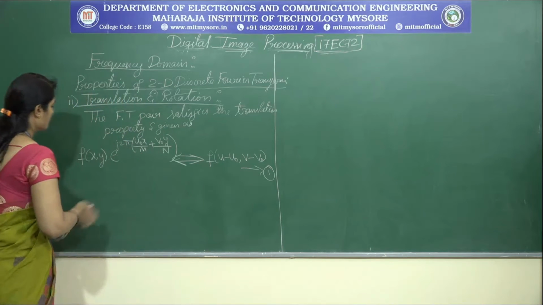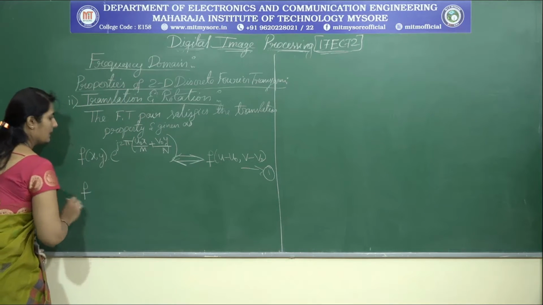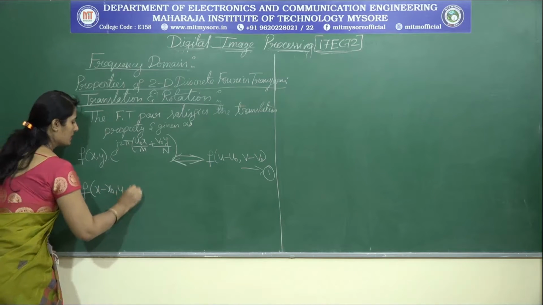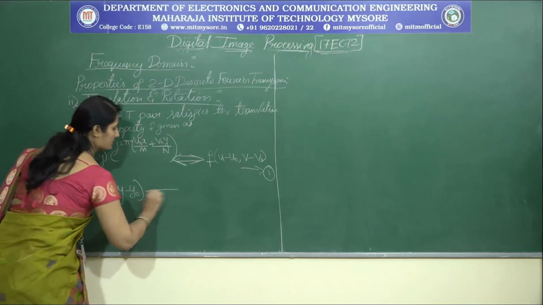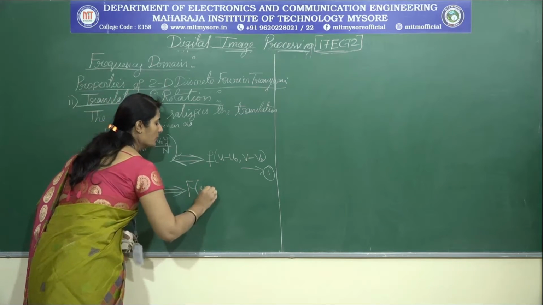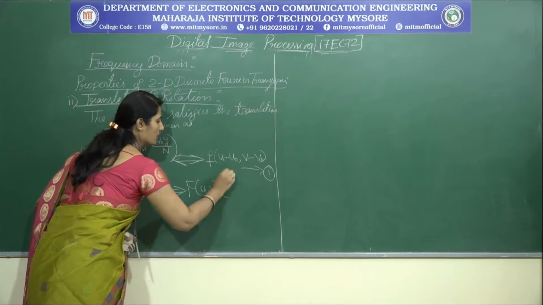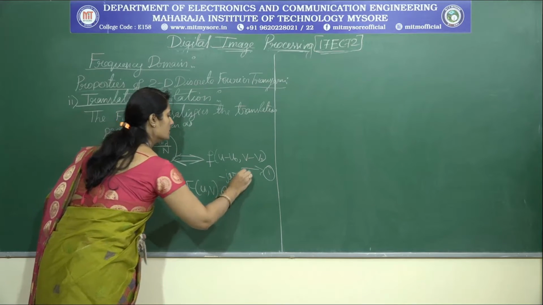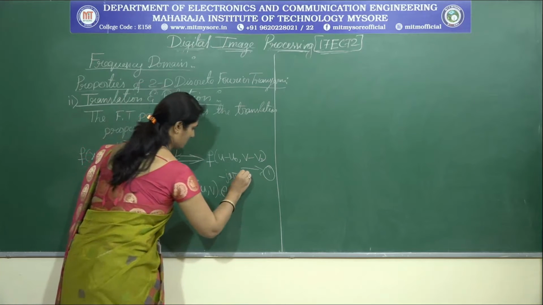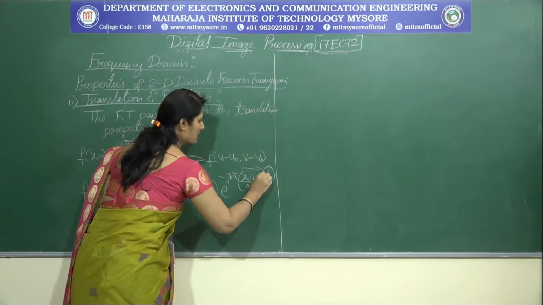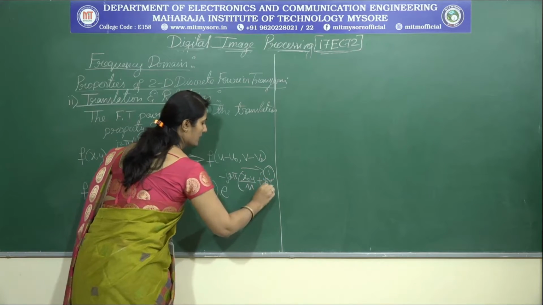Again, f of x minus x naught and y minus y naught results in F of u comma v into e power minus j 2 pi into x naught u by m plus y naught v by n.